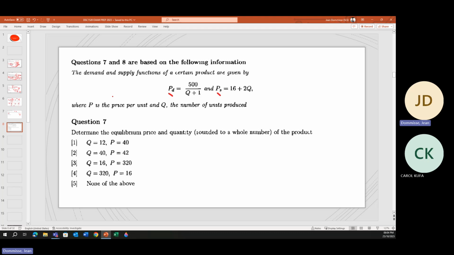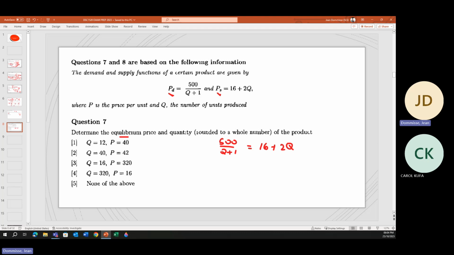Okay, so when it is in equilibrium, demand and supply will be equal. So when it is in equilibrium, the one side of demand must be equal to the other side, that is the supply function.